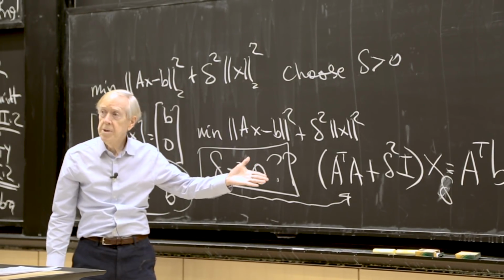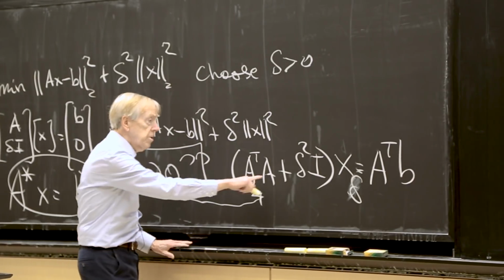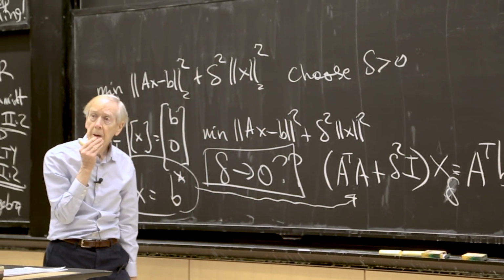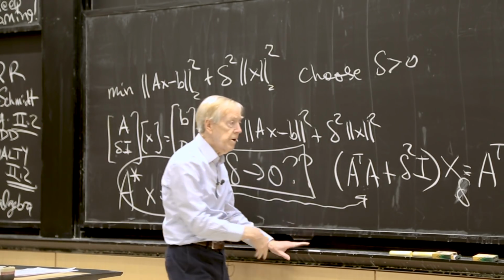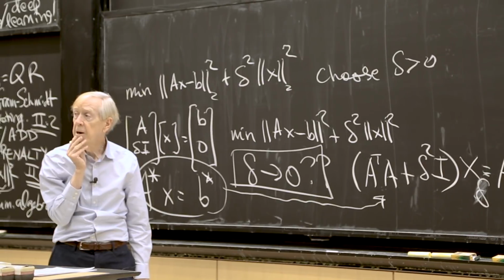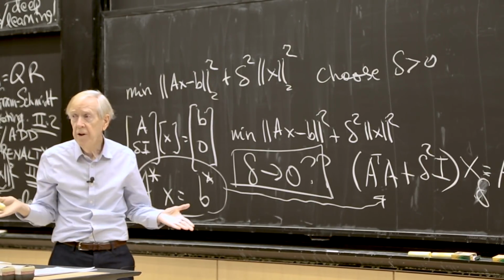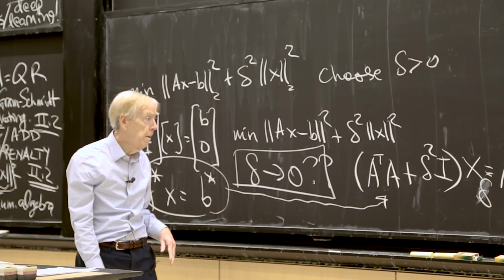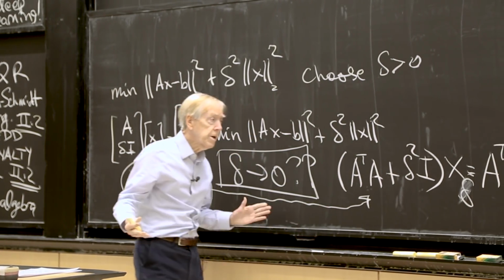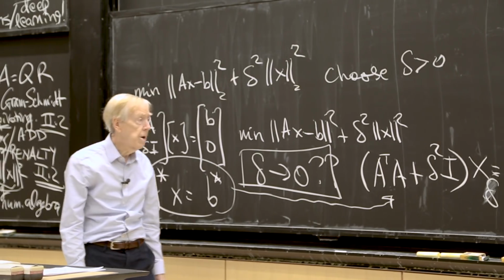So that solution will exist. Fine. This matrix is certainly invertible. That's positive semi-definite at least. And what about delta squared I? It is positive definite, of course, just the identity with a factor. So this is a positive definite matrix. I certainly have a solution.